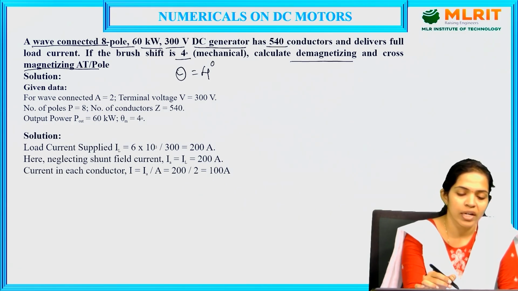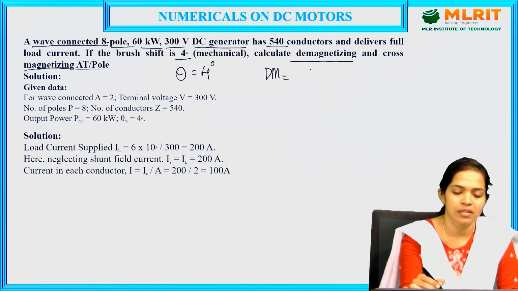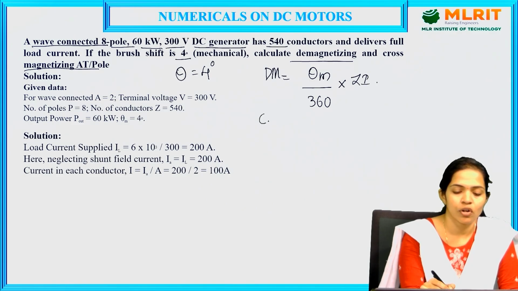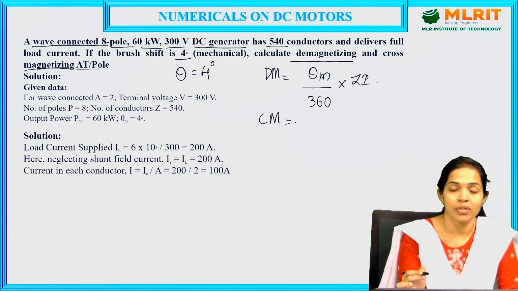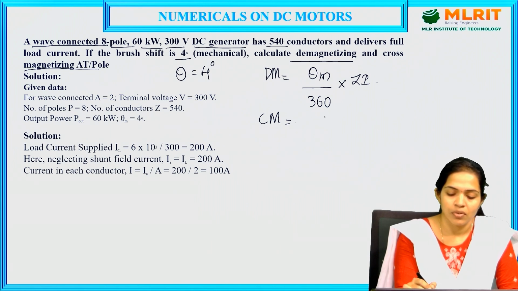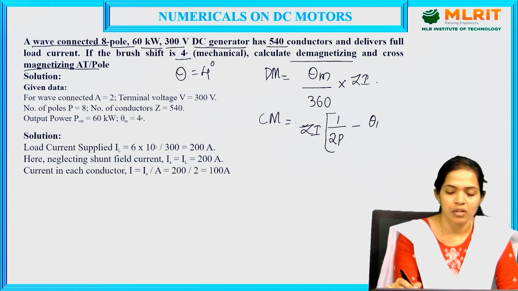So we already have the demagnetizing ampere turns per pole as theta m by 360 into Z into I, and cross magnetizing ampere turns, which we have seen under the topic of armature reaction, which is nothing but Zi into 1 by 2p minus theta m by 360.